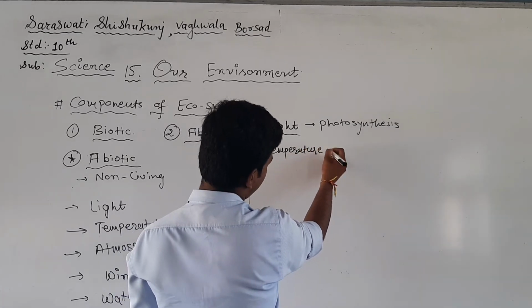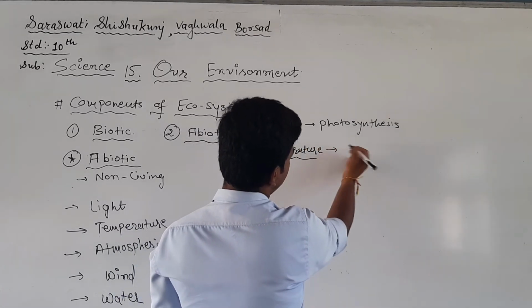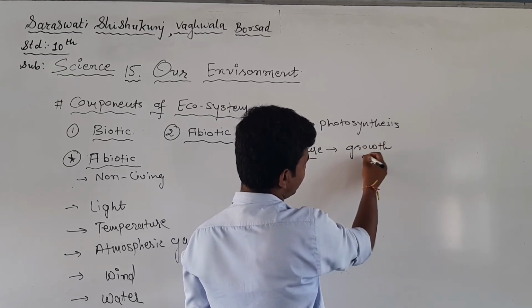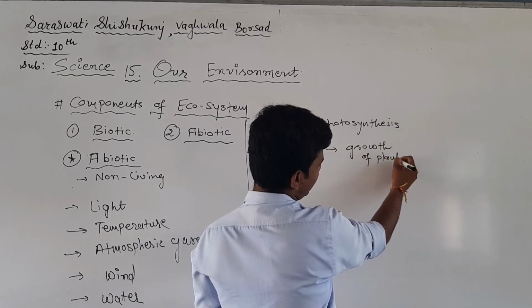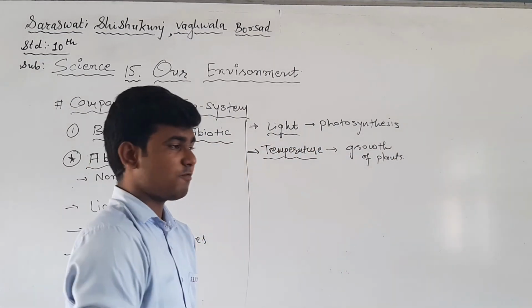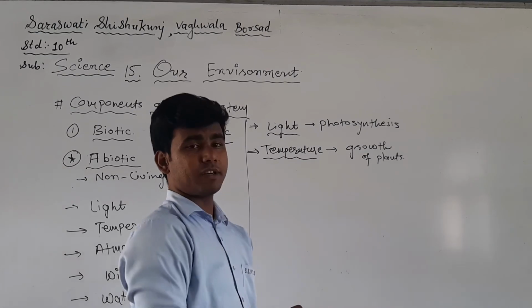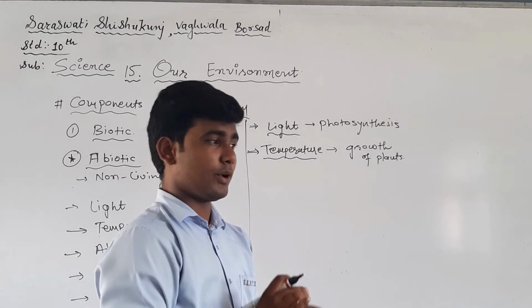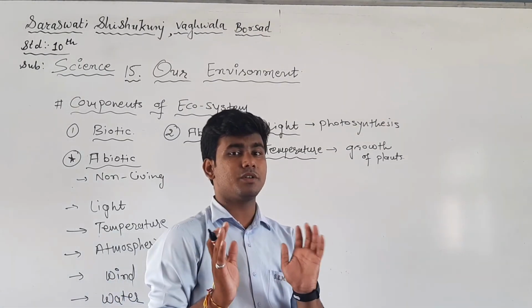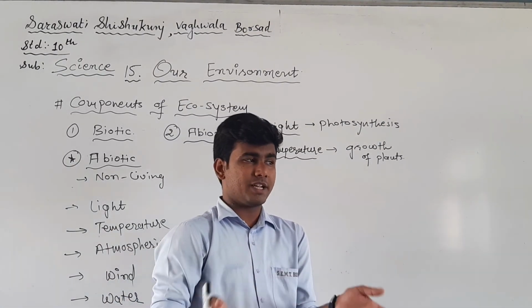How is temperature useful? We know that for the growth of plants, temperature is an important factor. So it creates our trophic level of producers. This way temperature also has a very important role. Temperature is also useful to control our atmosphere, like the presence of water.